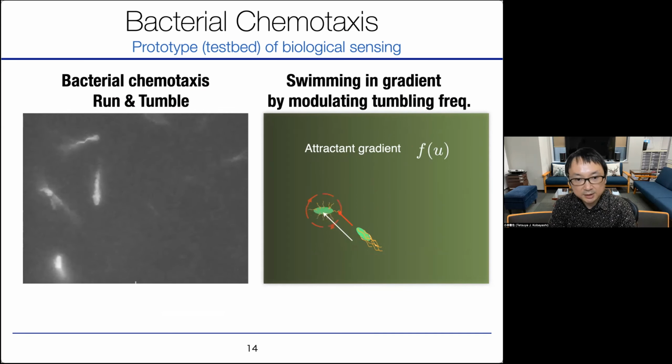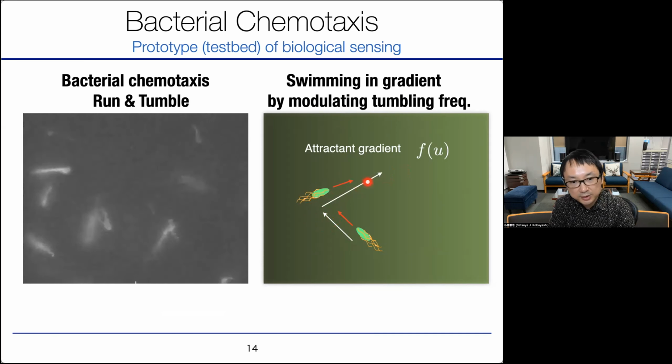If it is lucky, then it will be reoriented towards up the gradient. If this cell feels that it is going up the gradient, then this cell suppresses the frequency of the random tumbling, so enabling it to go up the gradient.